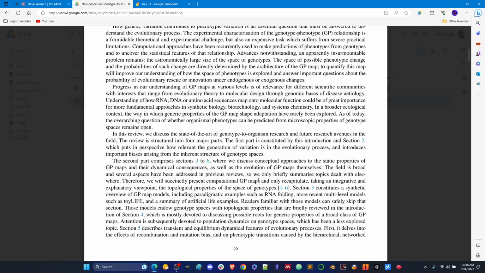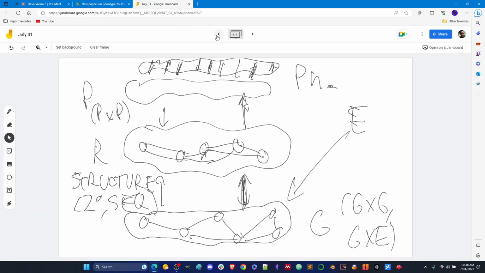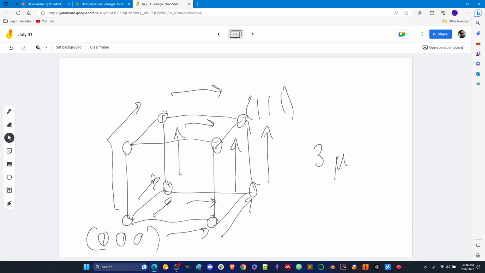And this, of course, can lead to topological properties of the space of genotypes. So you can actually look at a genotype space, all the different states. It looks a lot like this cube, which I showed in slide 7 here. You have this cube that arises from the genotype being expressed in different ways.